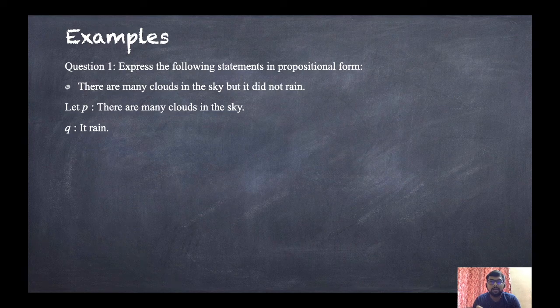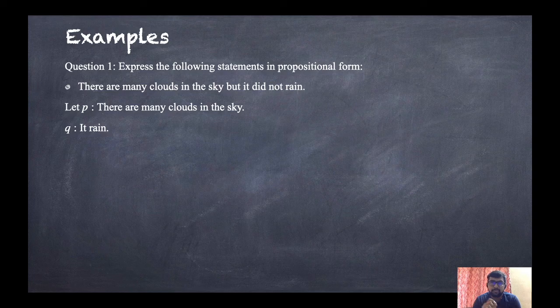Now the statement is in negation: it did not rain. But whenever we convert it into symbolic form, we always take it in a positive manner. That means if it says "does not", then we will choose "does". So here, it did not rain, so we choose it rained. Now in between these sentences there is a "but".